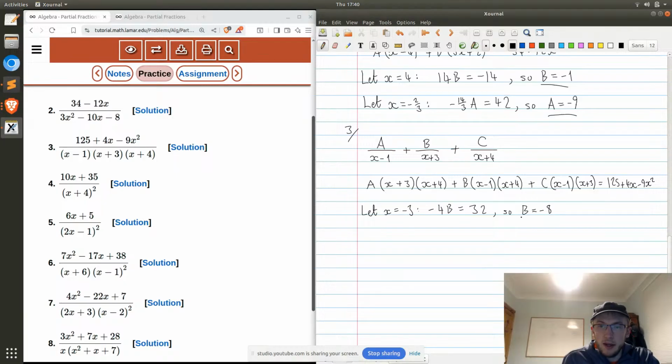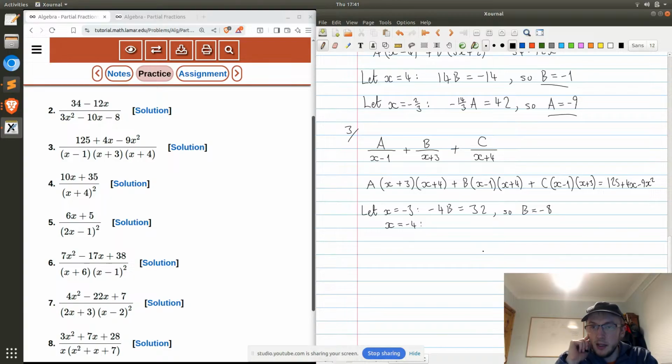So b is -8. And then if we let x equal -4, the first and second terms on the left-hand side vanish, and the third term becomes 5c.